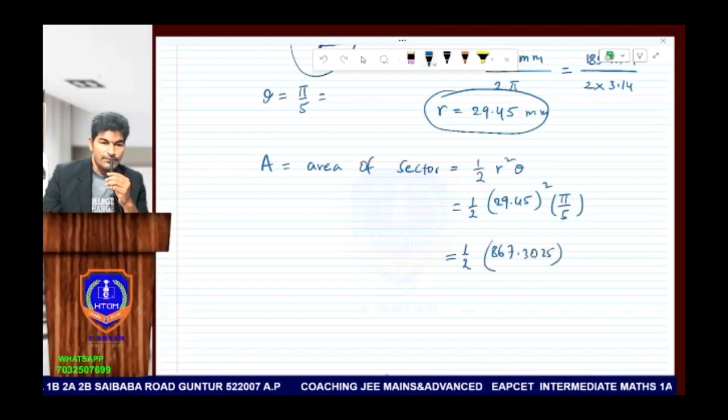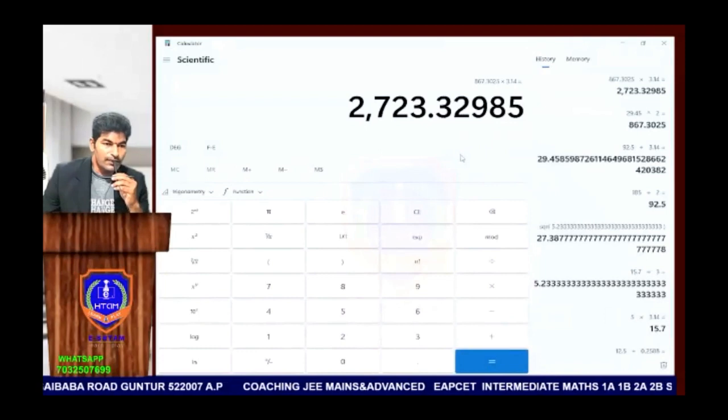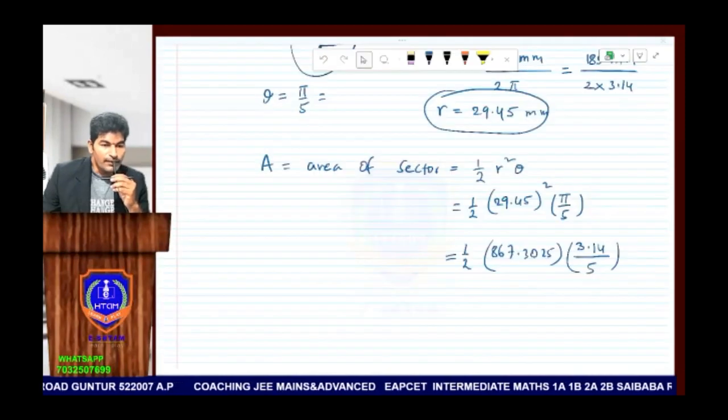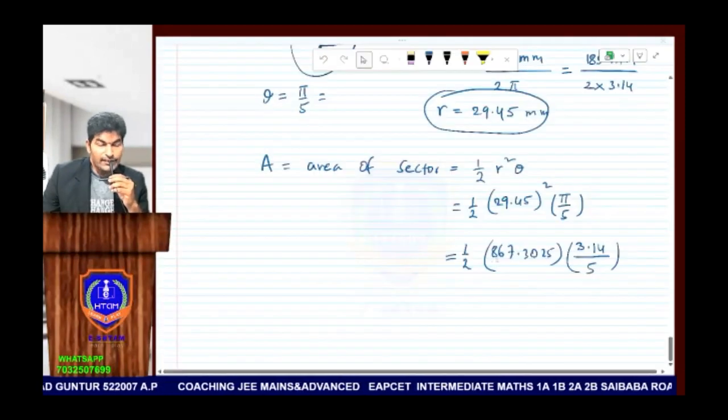And next pi by 5, you know, it is 3.14 divided by 5. 867.3025 into 3.14 gives 2723.32985, and we calculated the numerator part. And we have to divide by 10 because look at the denominators, 2 and 5 are there.